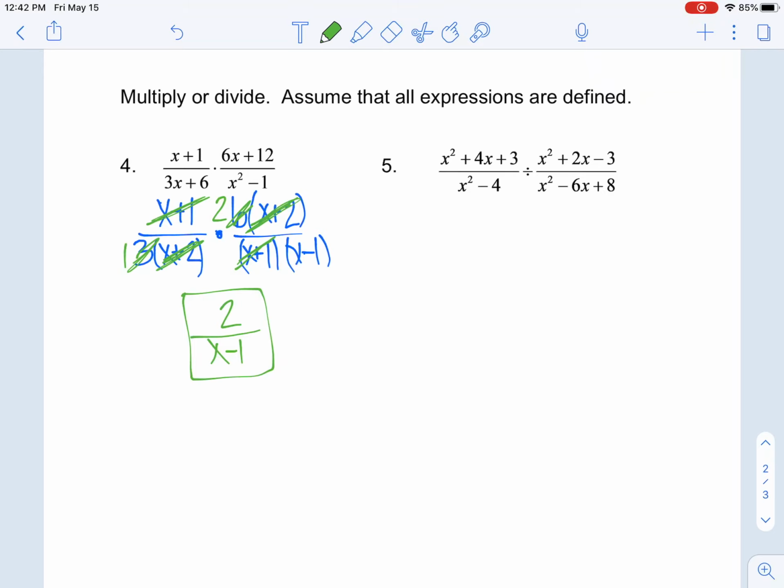Next, let's take a look at number 5, where we need to divide. So we are going to start by rewriting our problem as multiplication by the reciprocal. So our first fraction stays the same.